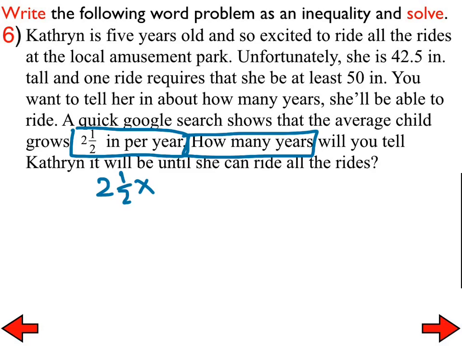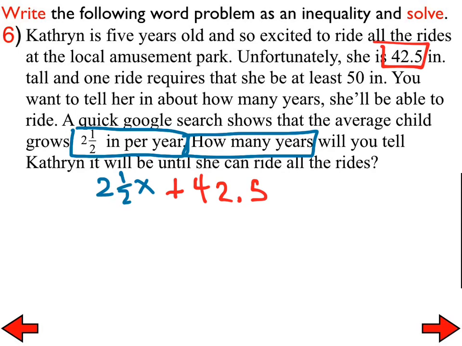Then we also know how tall she is. Is that going to change in the next 5 minutes? Nope, that's pretty constant. You're talking to her right now. She's not going to have a couple inches growth spurt in the next 5 minutes. So how tall is she? 42.5. So this is going to be our constant.